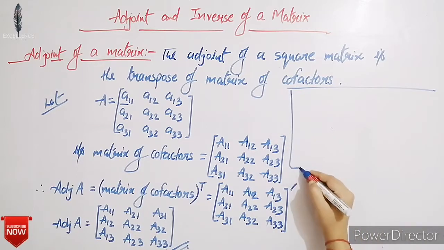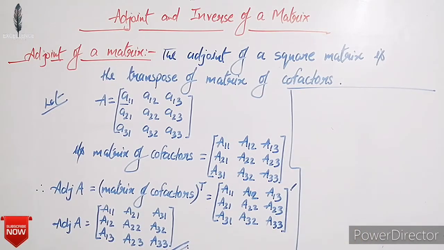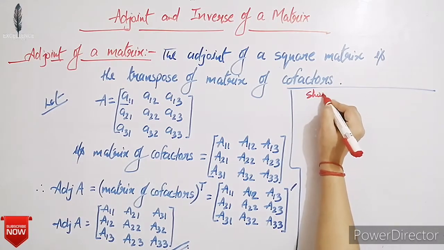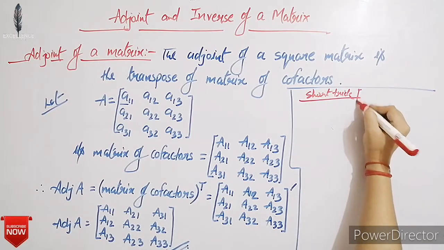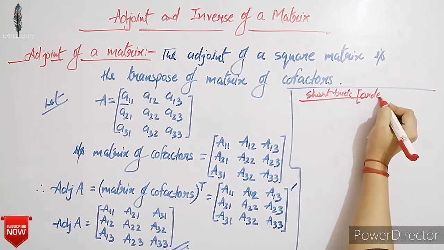Now let's see a short trick to find the adjoint easily. But it is only for order 2 matrix.